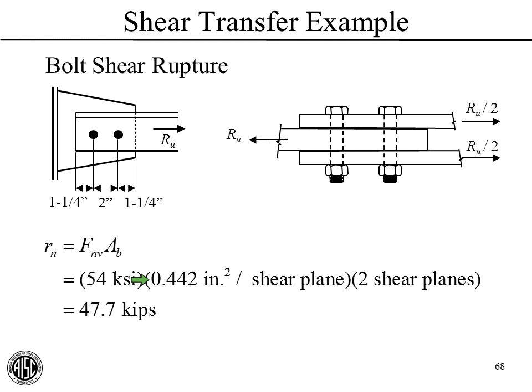But here we have two of these shear planes at each bolt. This is a double shear connection. These bolts are in double shear. Okay, so calculate this, we get 47.7 kips. And this is the strength at each bolt for bolt shear rupture.